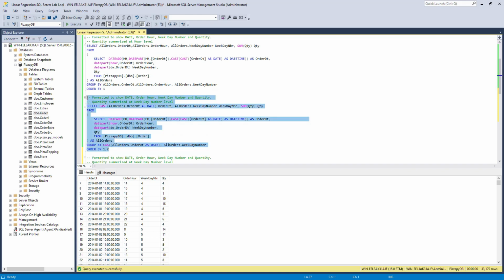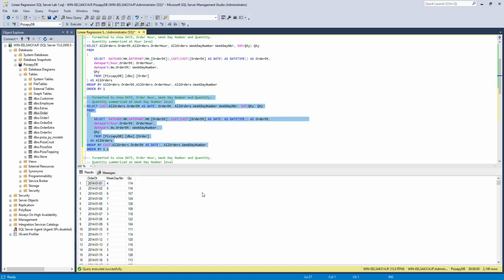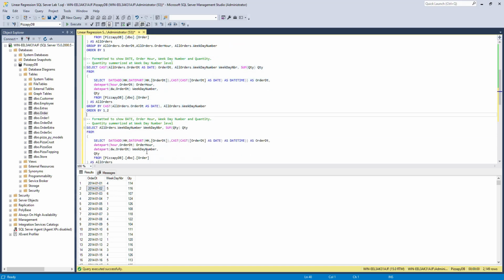And then this SQL shows you every weekday number level and what the quantity is. Now you can see the dates in individual records, meaning January 1, January 2nd, and then their respective weekday numbers.